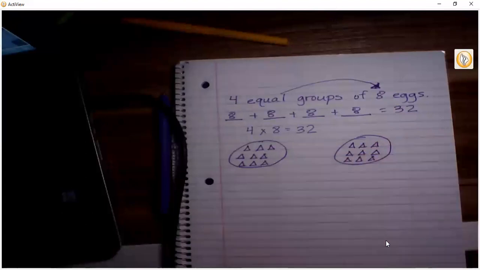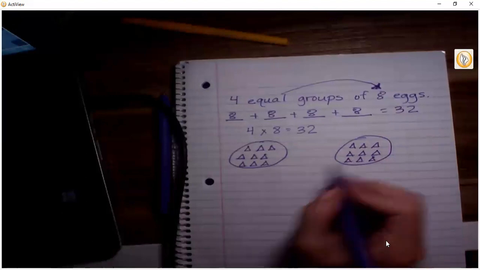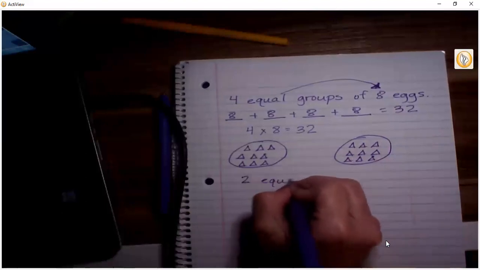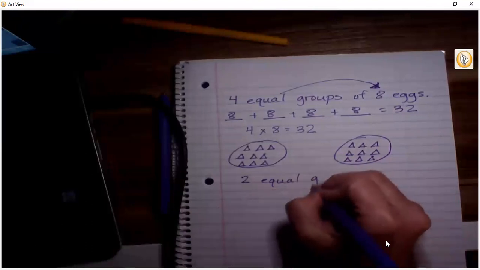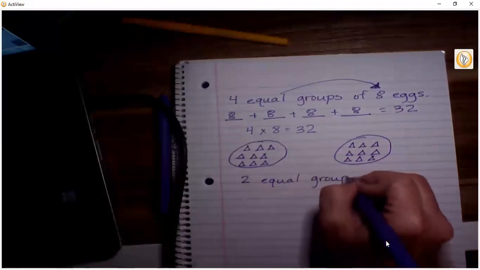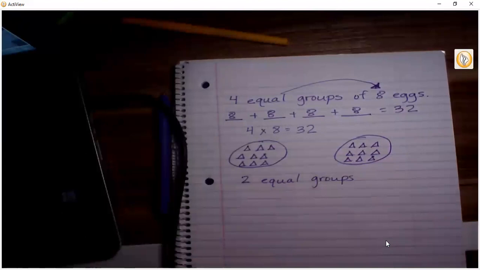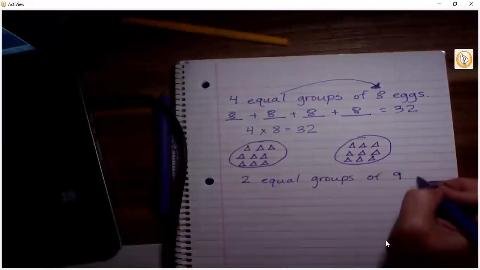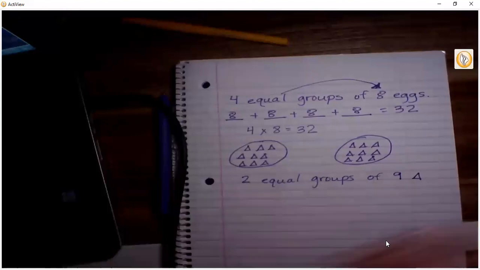Okay, so this gives me 1, 2 equal groups of 9. I'm just going to use the symbol, 9 chocolate chips.